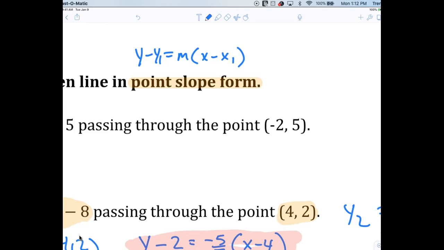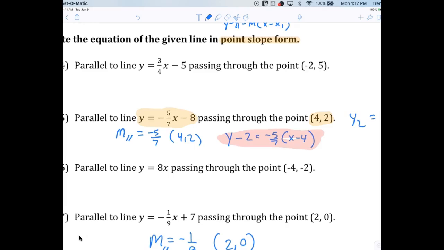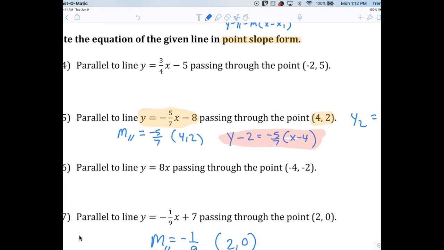All right. So here we go. We're going to write the equation of the line that's parallel to y equals 3/4 x minus 5. So who can tell me what the slope of the parallel line would be? What's the slope of the parallel line? 3/4.